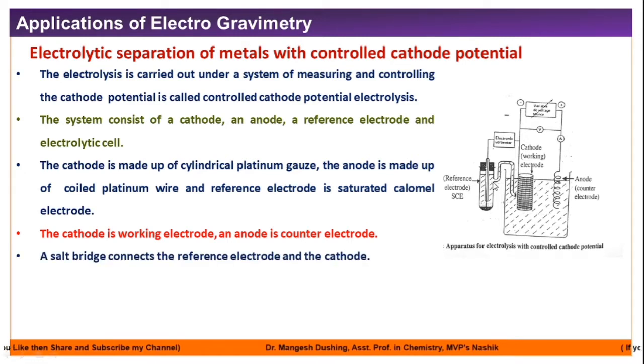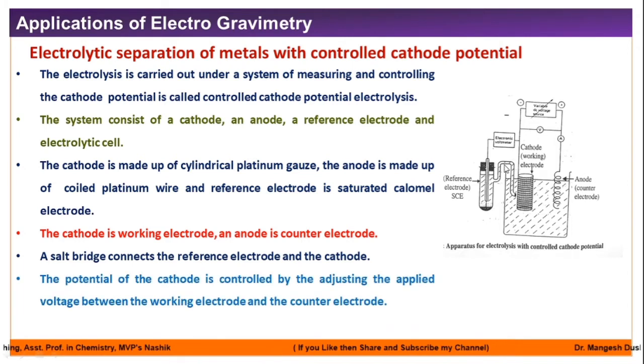This is the salt bridge which connects the reference electrode to the cathode. So this reference electrode is connected to the cathode by using this salt bridge. The potential of the cathode is controlled by adjusting the applied voltage between the working electrode and the counter electrode.